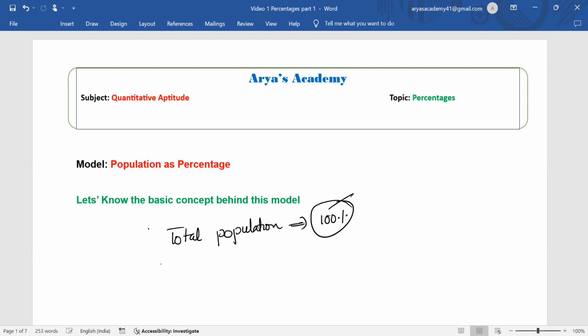The village population may be 100, or 500, or only 50, or 5,000, or 5 lakh; irrespective of the magnitude of the value, whether it is smaller or larger, the total population will always be 100%.